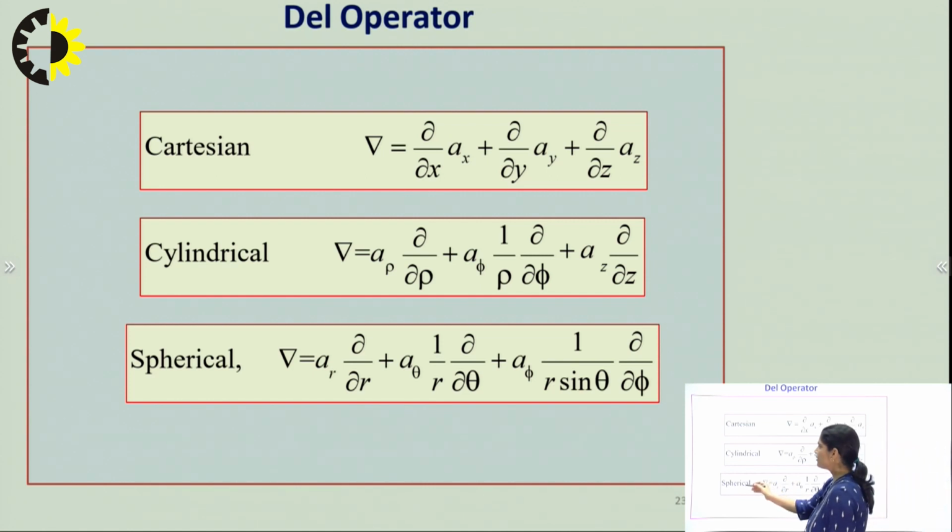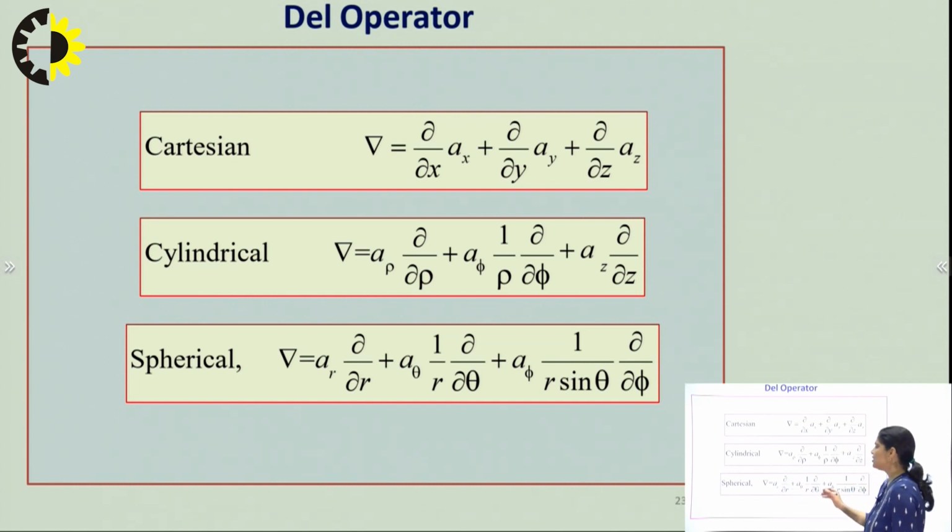In spherical coordinates, del is equal to unit vector of r del upon del r plus unit vector of theta 1 upon r del upon del theta plus a phi, unit vector of phi 1 upon r sin theta del upon del phi. So this is the way we can represent del operator in Cartesian, cylindrical and spherical coordinates.